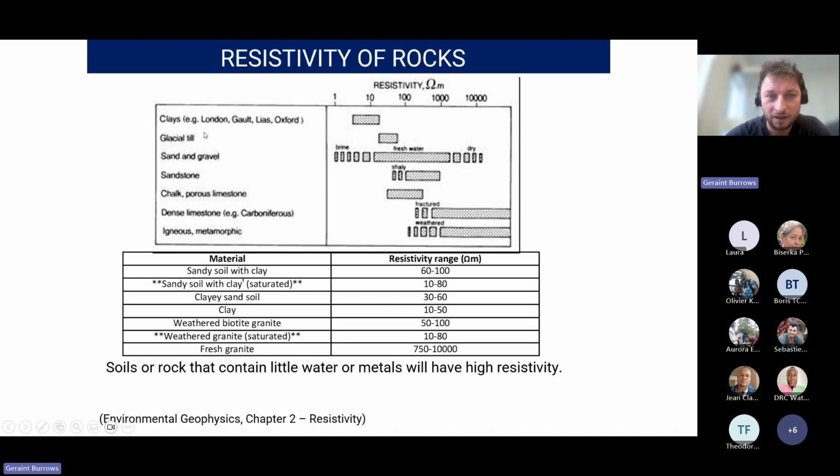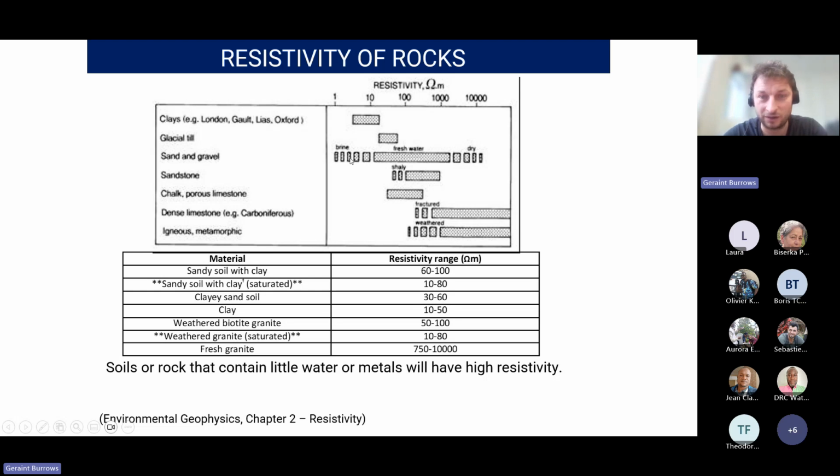So if we look at, for example, clays, we find their resistivity to be low. They're very conductive. So we're looking at a range of between 5 to 10 ohms per meter resistivity. If we look at sand and gravels, this is much more dependent on the water within those sands and gravels.